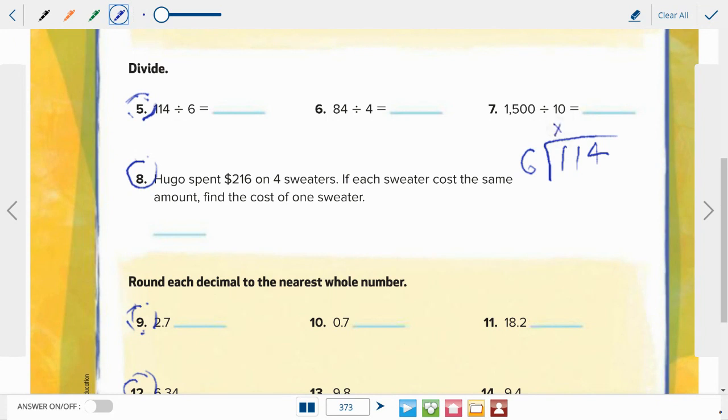It goes into 11 one time. 1 times 6 is 6. Subtract and we get 11 minus 6 is 5. Bring down our next number. How many times does it go into 54? Exactly 9 times. 9 times 6 is 54. So no remainder. Our answer is 19.